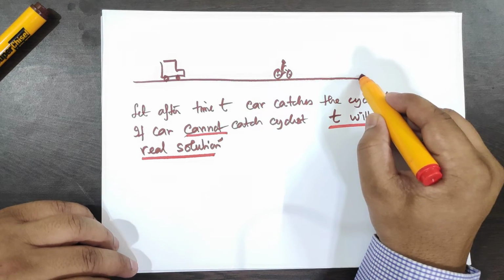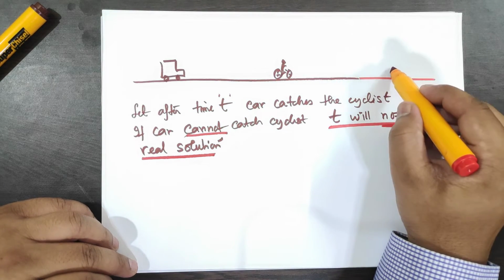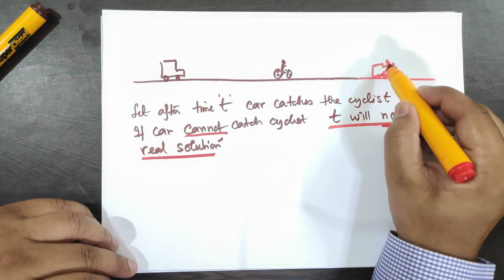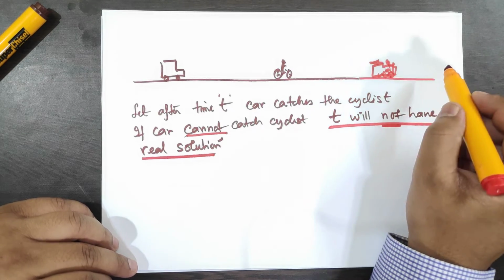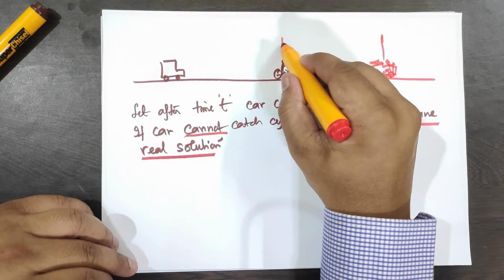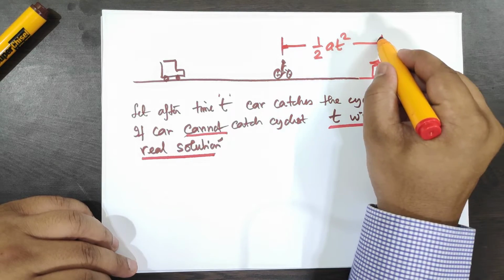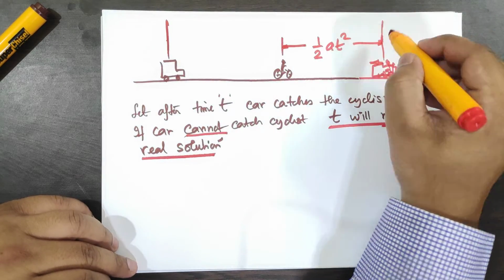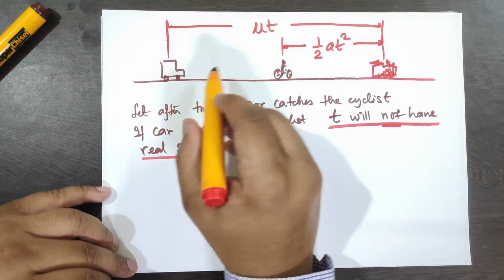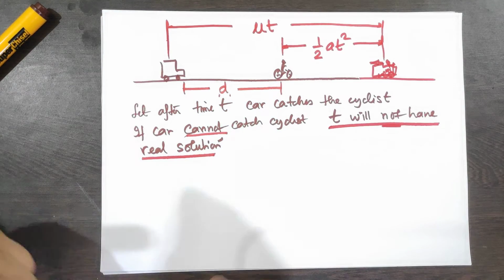so we assume that after time t they are at the same place, the car and the cyclist, the thief. It starts from rest, so this distance is half a t square, and the distance moved by the car is ut, and this is obviously d, and from the diagram you can frame the equation.